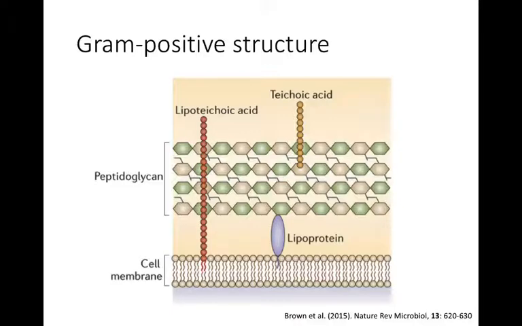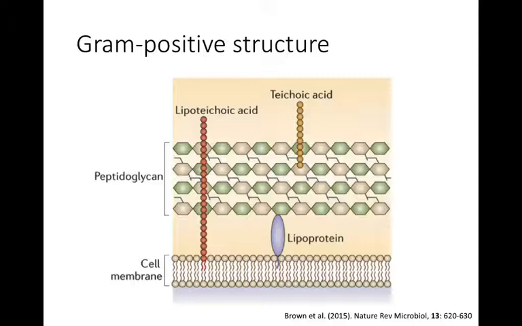Iodine is what we call the mordant. And what the mordant does is basically take crystal violet and help to create these large complexes of crystal violet. So you can imagine that the crystal violet is kind of getting into these open spaces within the peptidoglycan. That can be rinsed away with alcohol pretty easily.